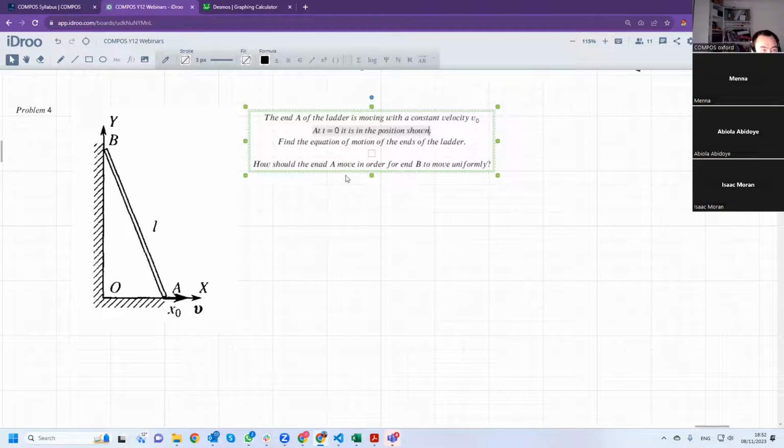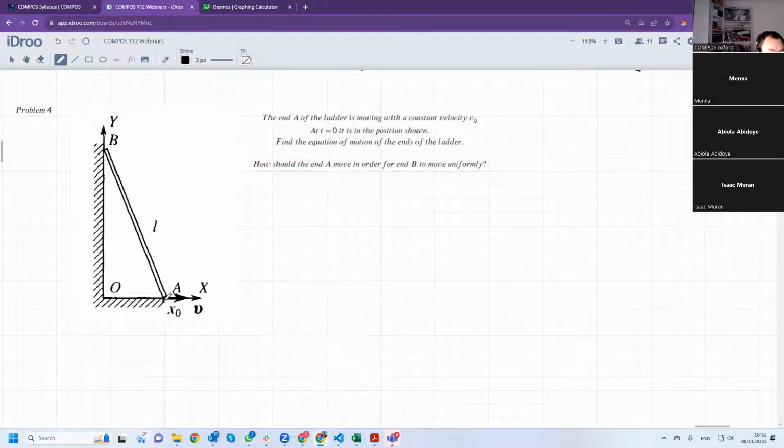An equation of motion with the ends of the ladder. It starts from x0, so x0 is the initial position of the bottom of the ladder. I've modified the question ever so slightly. This is where it is now. It is initially here, and it moves from here with a constant velocity.